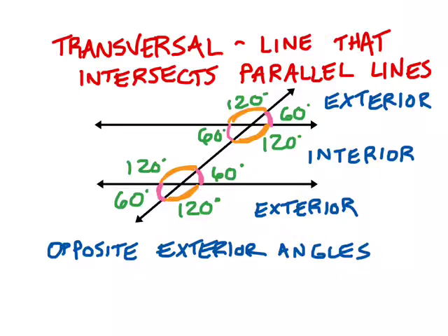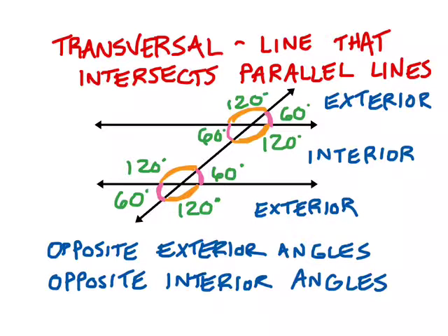The opposite of an opposite exterior angle is an opposite interior angle. And when you talk about an opposite interior angle, you're talking about the inside of the parallel lines, again, opposite sides of the transversal. So here's a 60-degree angle here, and opposite side of the transversal, but inside the parallel lines is that other 60 degrees. Same deal, 120.